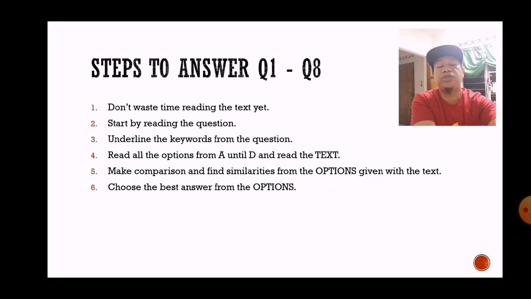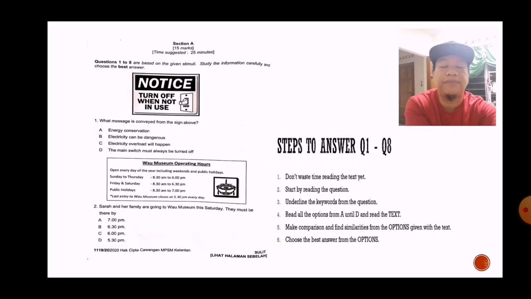Alright, so let us try to practice this with the actual question. What you can see in front of you is an actual trial question. Look at the downside below, ruangan paling bawah.